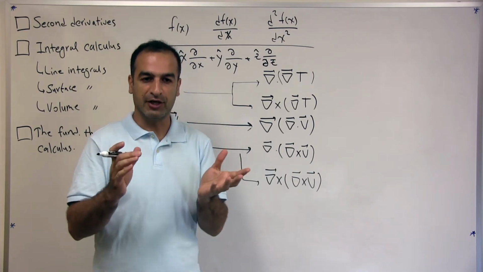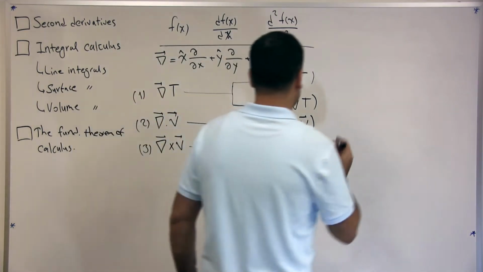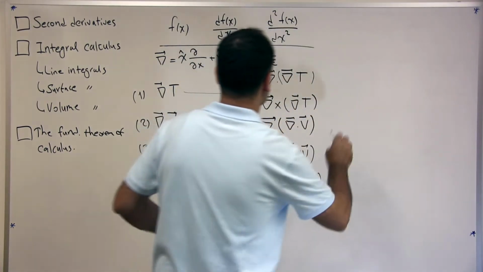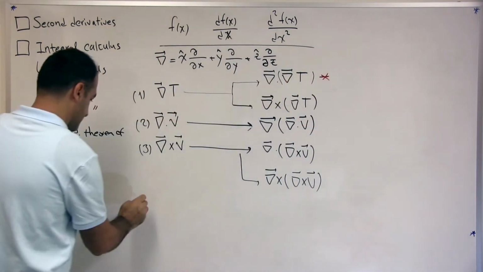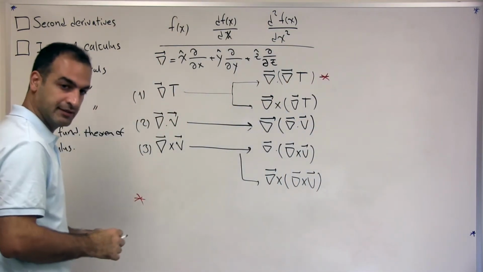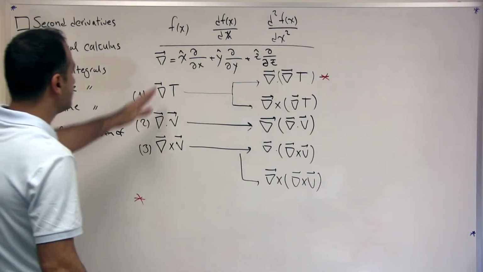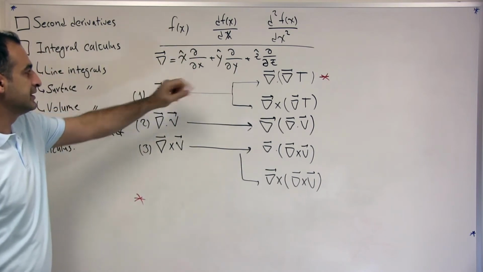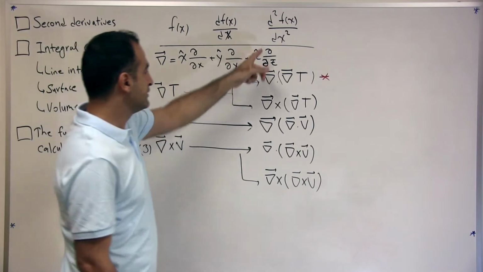I would just write components. So what I do is that I take this one, I'm going to put a star on this so that you know which one I'm discussing, and I'm going to expand it here. So the del operator has 3 components, x hat d over dx, y hat d over dy, z hat d over dz.